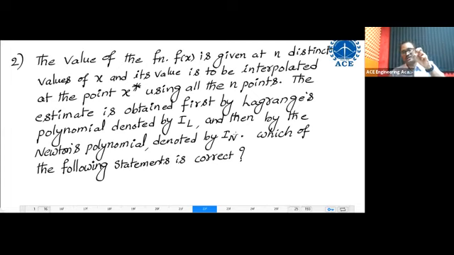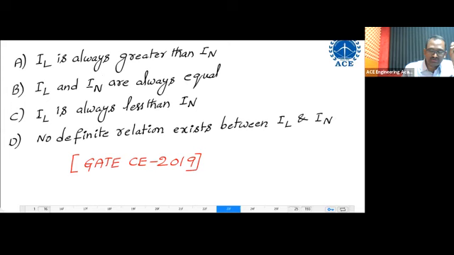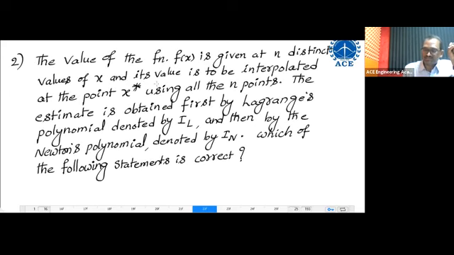Lagrange's and Newton's interpolation polynomials always give the same answer if f of x is defined at distinct x values.